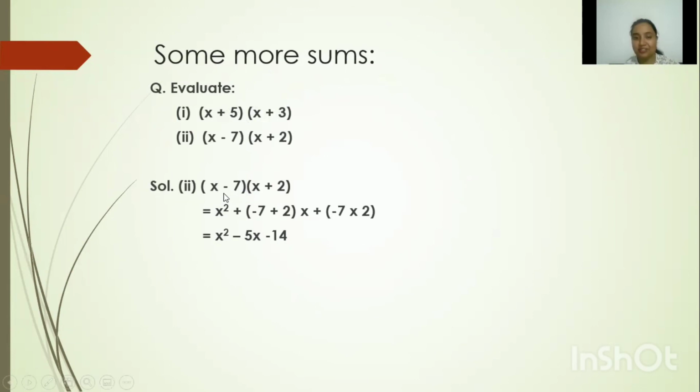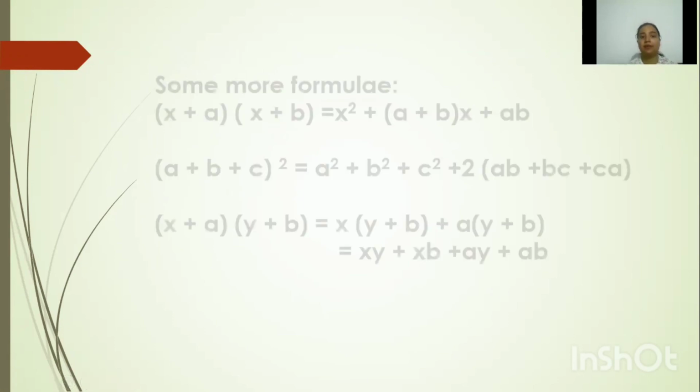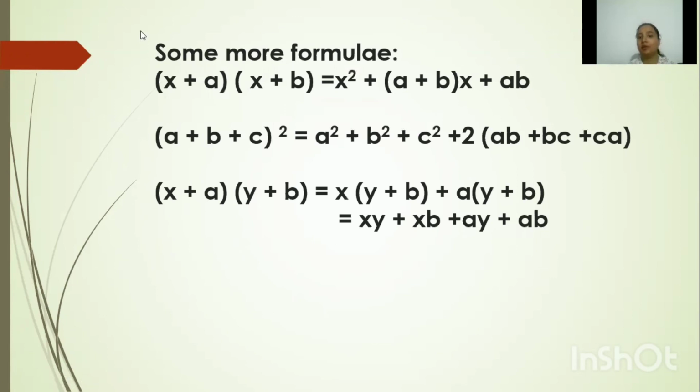It's just an operation, okay? X minus 7, x plus 2, okay? So, x square, as for the first identity, this one that we have done. See, x square plus a plus b x, this identity we are going to use there.